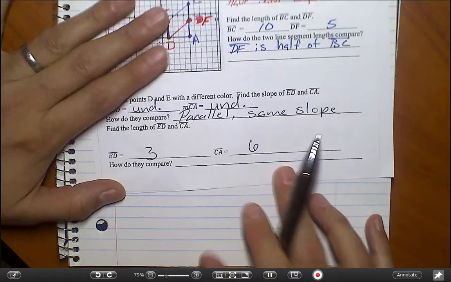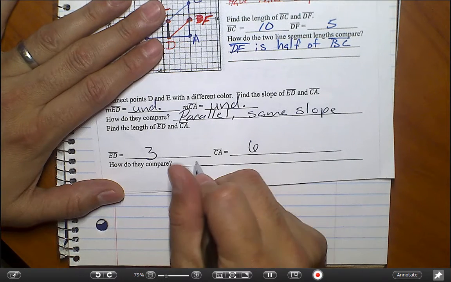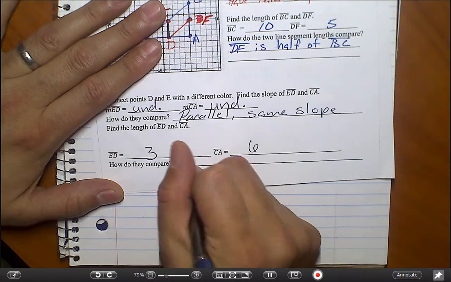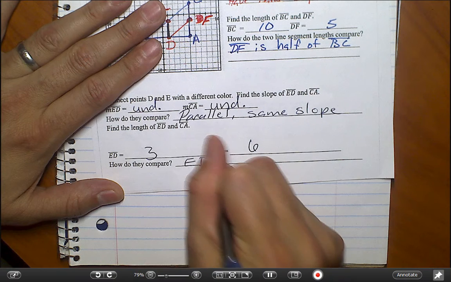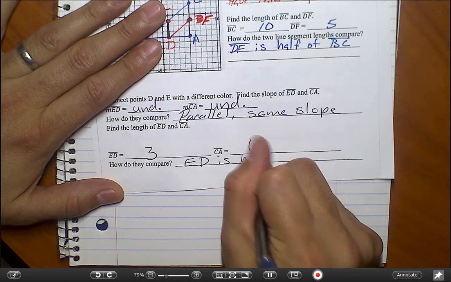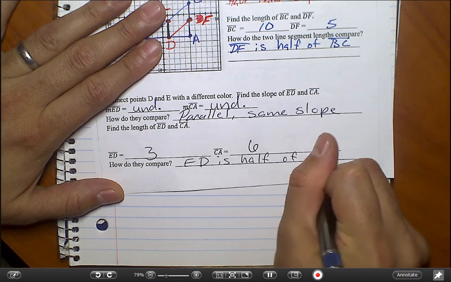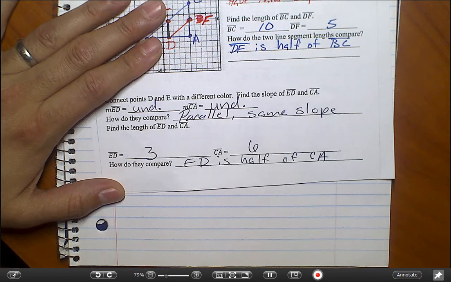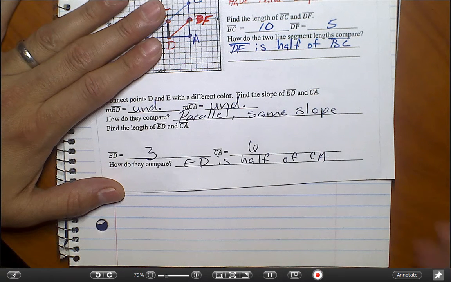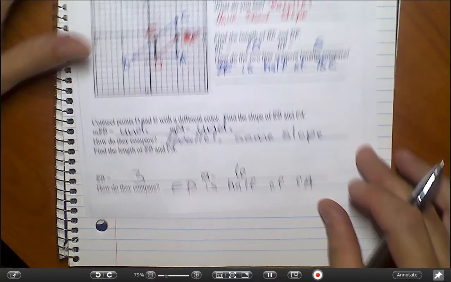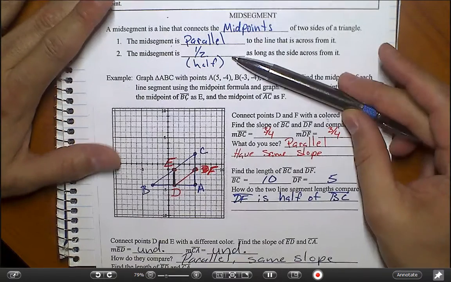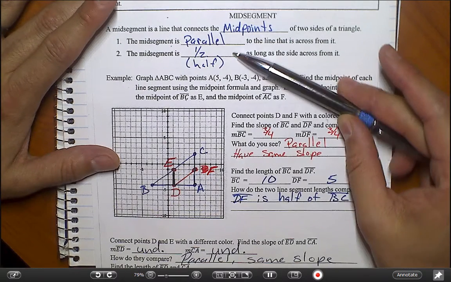Alright, how do they compare? What would I say? ED is half of CA. Very good. And that goes back to my definition of midsegment, right? Everything goes back to this.